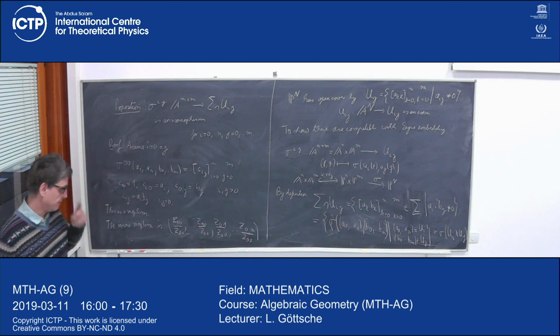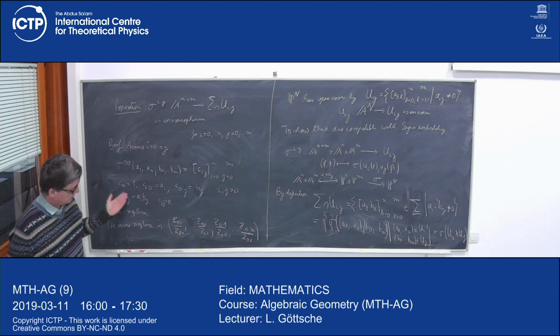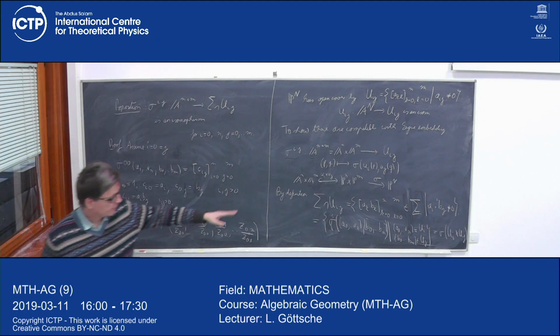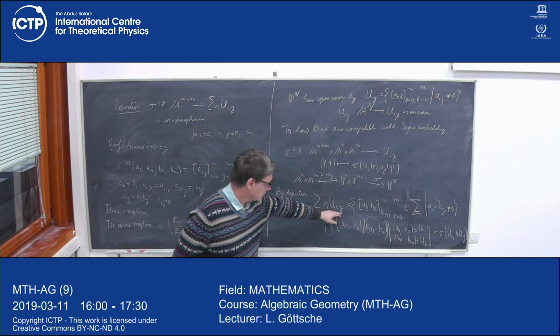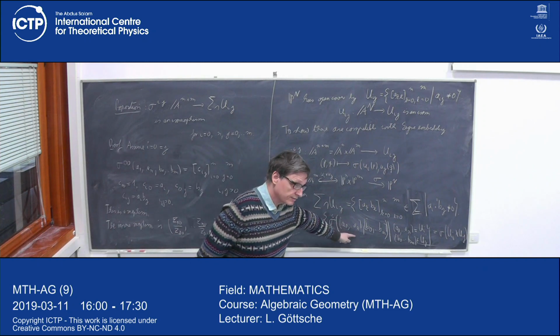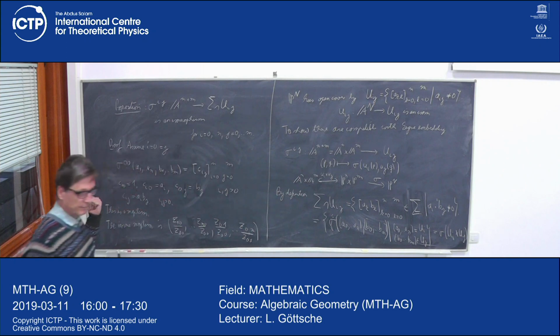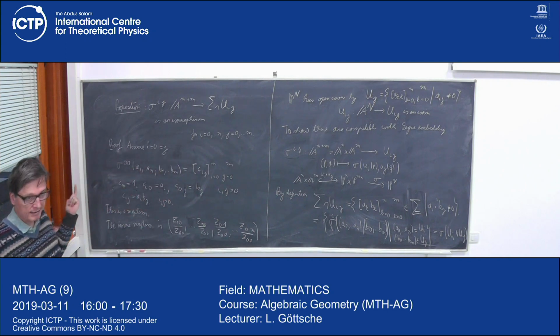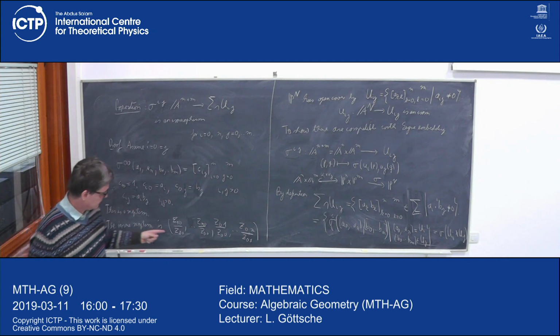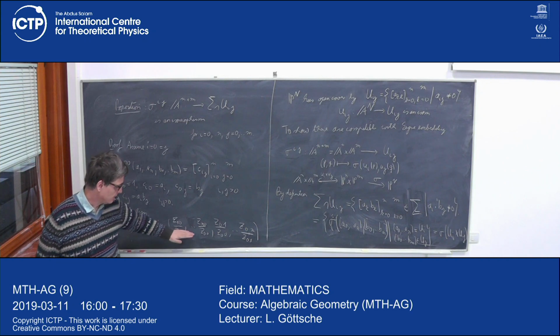Because if you are in the image of the map, so sigma intersected with this, meaning in the image of the map, then this is the inverse map, which gives us back A1 to An. But in this case, Z00 is 1, so this thing is not there.